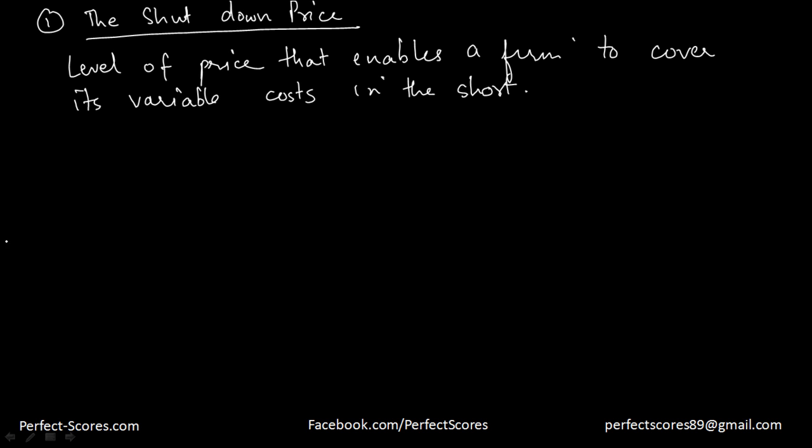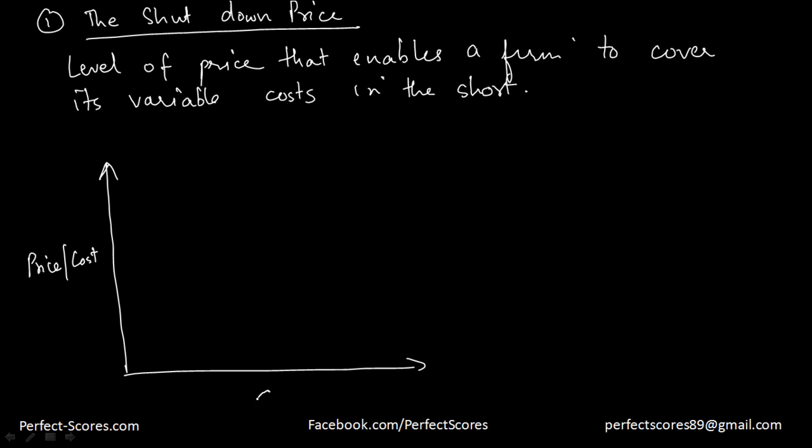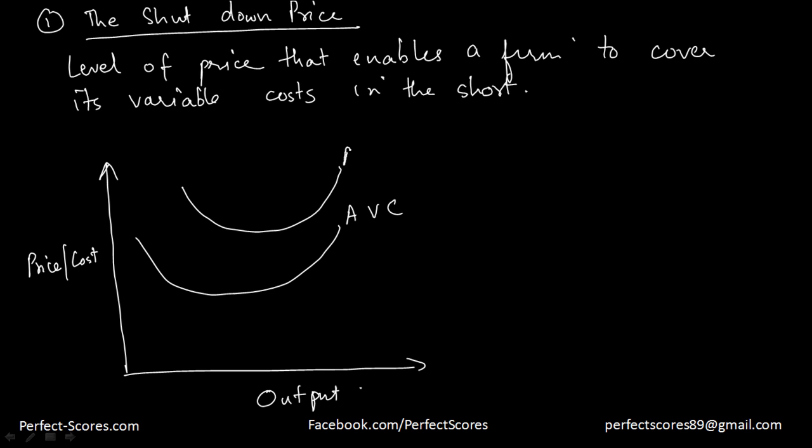Now if I were to draw the graph, let's suppose this over here is the price and the cost, and this over here is the output, and I have this as my average variable cost, and I have this as my average total cost. I suppose you watched the videos and you know that this is how everything looks, and this is my marginal cost.